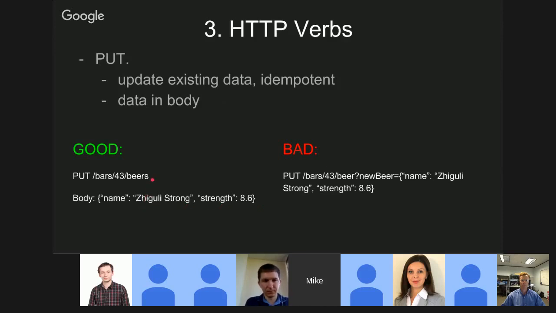And suppose I got an error here, I should specify an ID of the resource I want to change. Yeah, here we have to put slash and the ID of the beer I want to change. Sorry for that, but anyway. Here we got a bad example. Again, I'm just showing that we don't need to use a query parameter to send data in PUT.